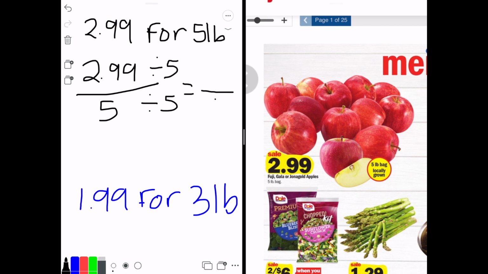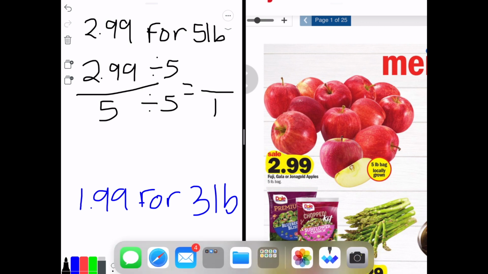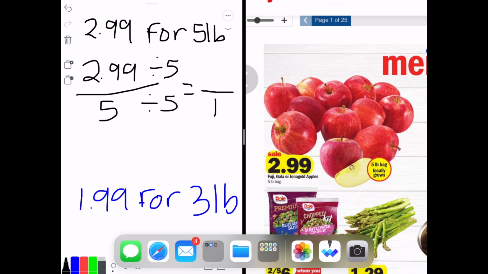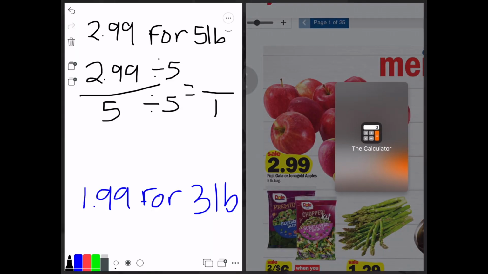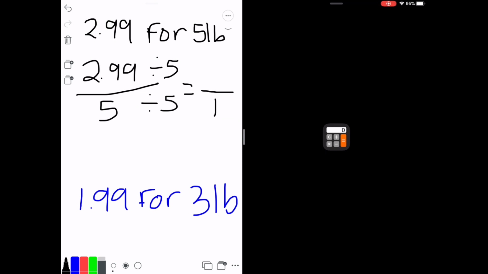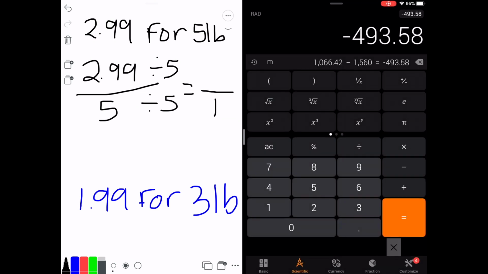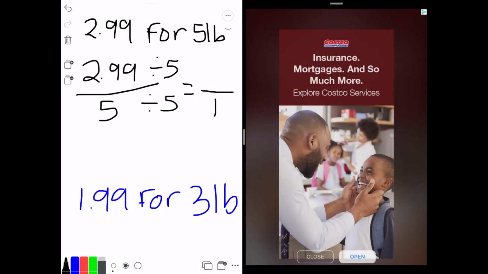So our denominator is 1, 5 divided by 5 is 1, but then I have to do $2.99 divided by 5. And you guys are in luck because you get to use calculators for this. So we can type it into our calculator and see what $2.99 divided by 5 is.